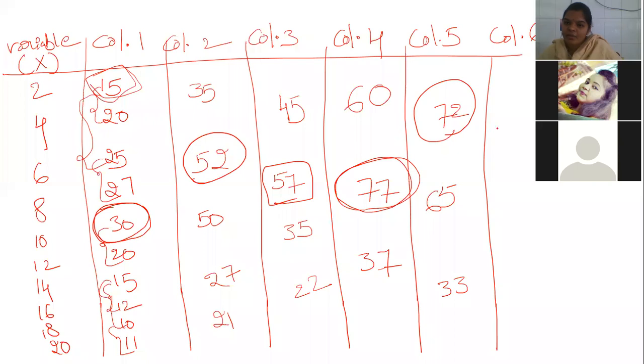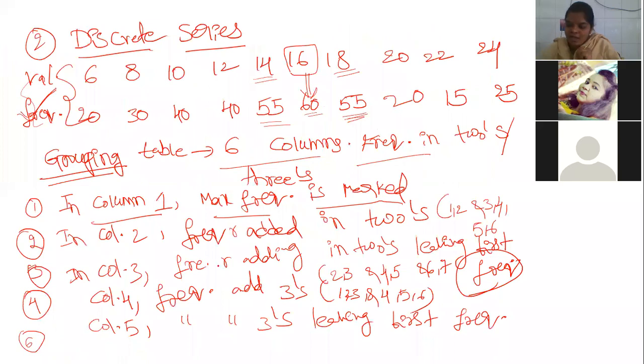Then here what we have done, we just leave only the first frequency, then we are adding all the frequencies in threes. Then the next point is in column number 6, frequencies are added in threes by leaving the first two frequencies.